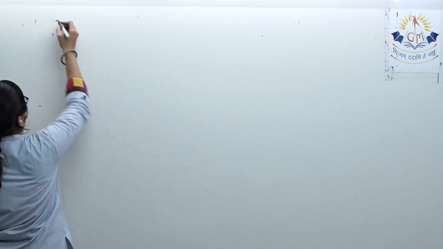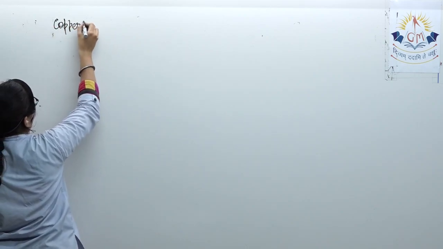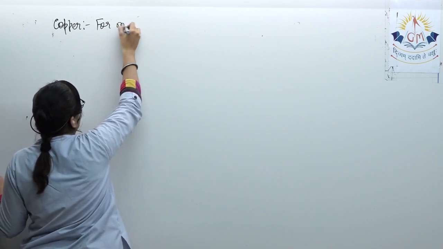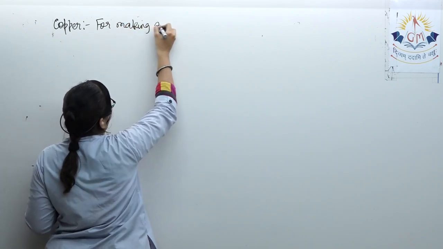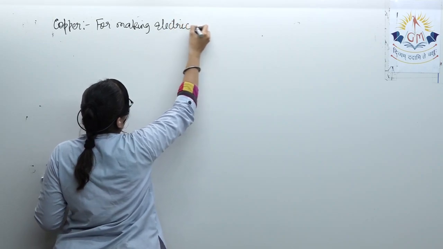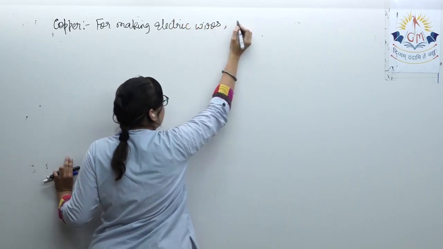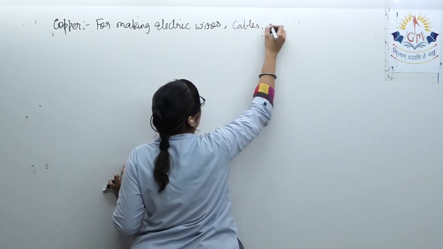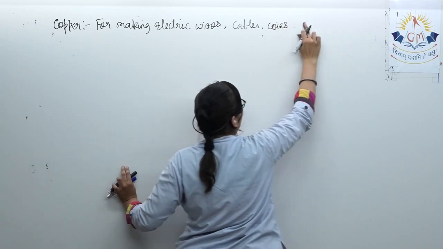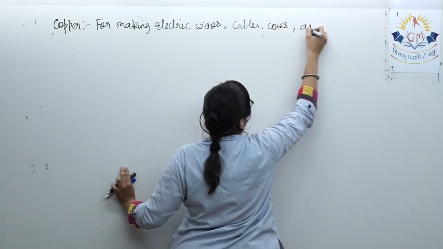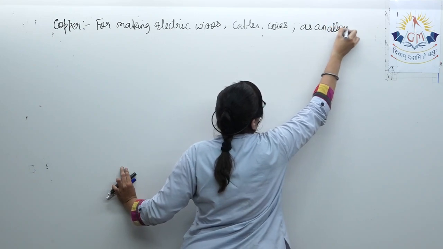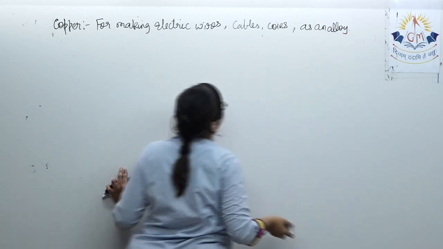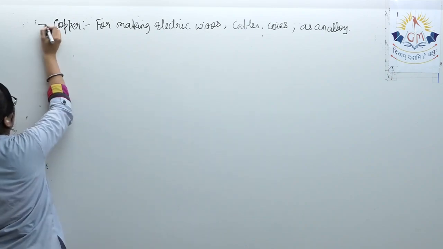So copper is used for making electric wires, cables, in making coins, and as an alloy with some other element.